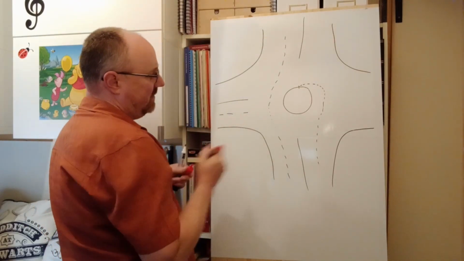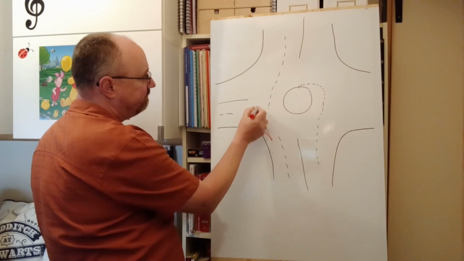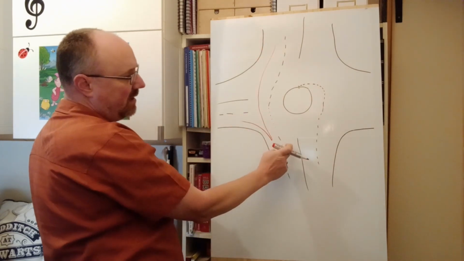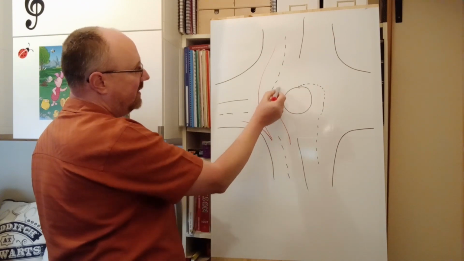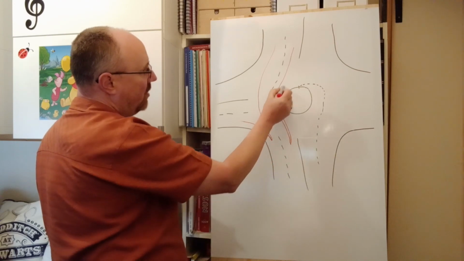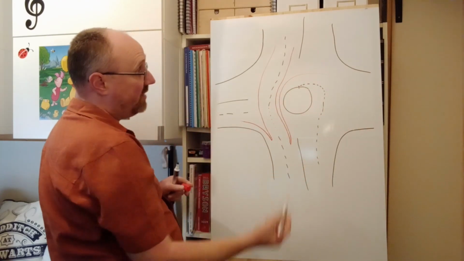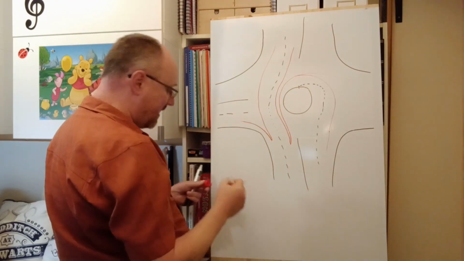And if we look at this, let's draw in these permitted directions, perhaps in red. Look at where the right lane can go without crossing any lines. It allows you to go there, or it allows you to go there, or in fact it does allow you to go all the way around in that case as well.